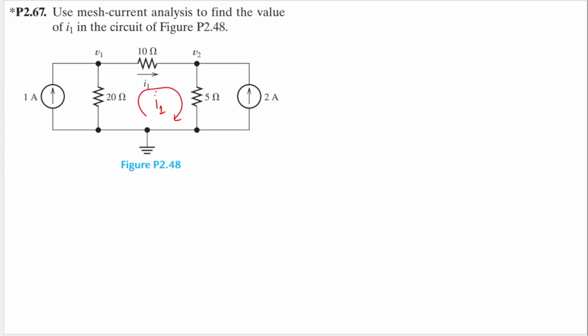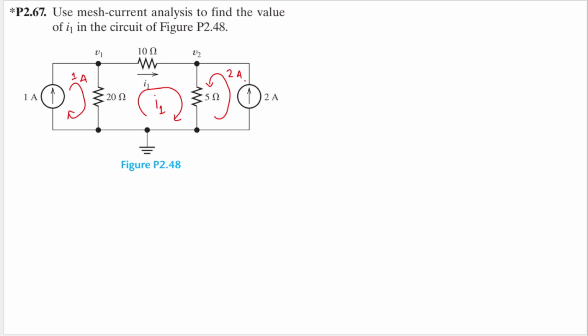We have other loops on this side and also on this side, but I will follow the direction of that arrow here. Remember that the mesh current here is the same as the current source, so this is 1 ampere while this is 2 ampere.